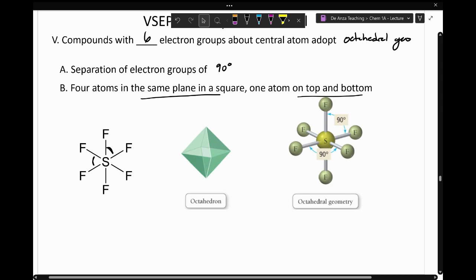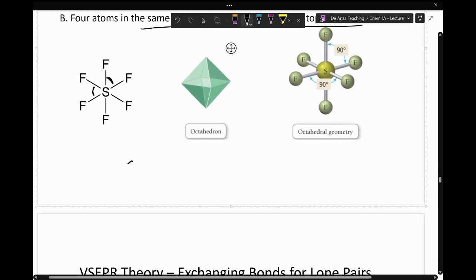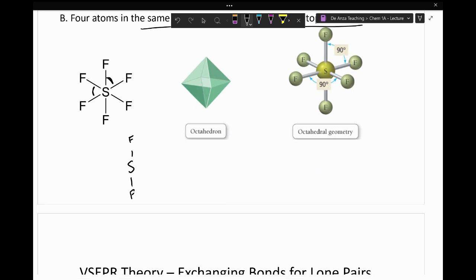Another way to look at it, using the correct 3D geometry, is we have planar fluorine and fluorine, as we see on our structure on the far right. Then we have 2 groups that are going into and out of the board, just like this, and then we have the groups coming out of this as well.